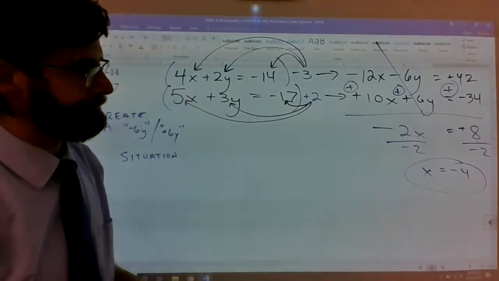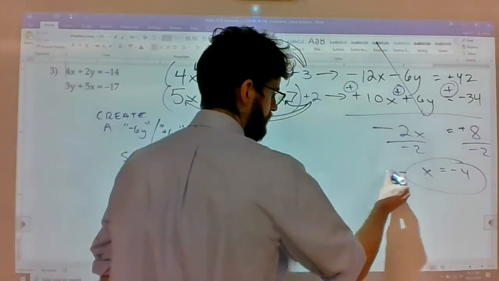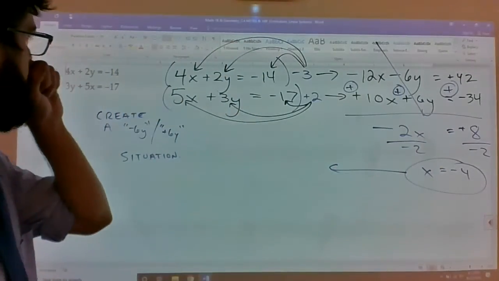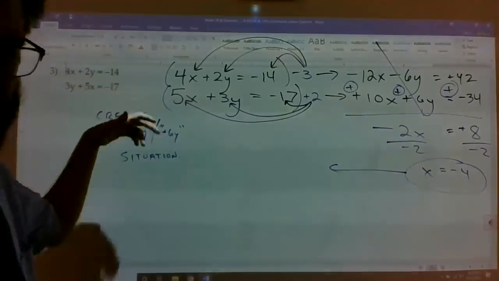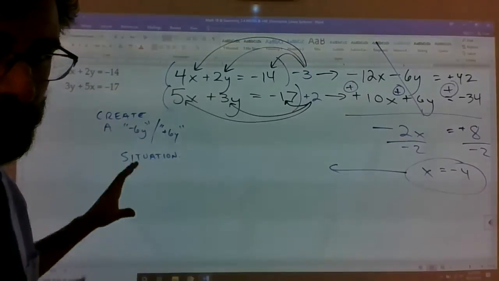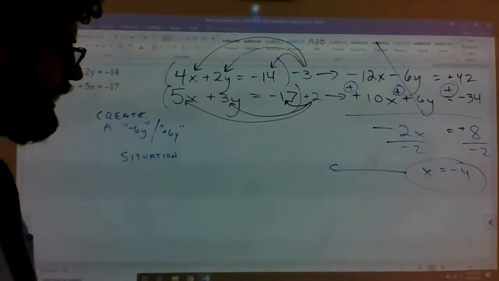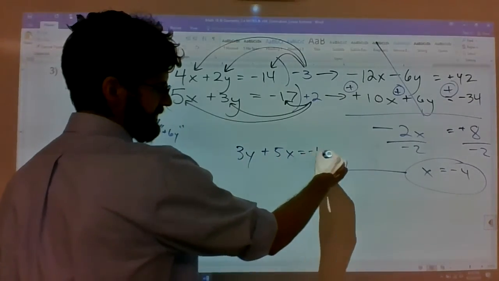All right. Last move, plug it into one of the originals. Seems like the top equation, I've been going with that every single time. Just to demonstrate that I can plug it into the bottom equation, let's go with 3y plus 5x equals negative 17.